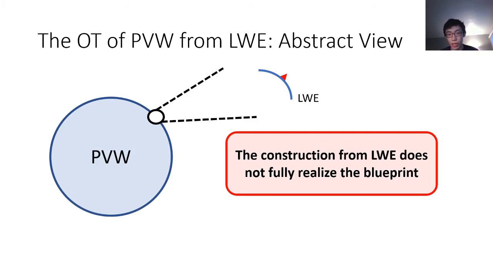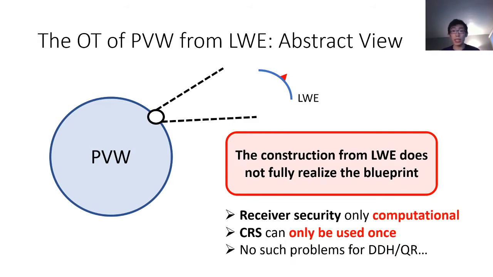So what was this thorn? Well, it turns out that PVW does not exactly show how to realize a full blueprint from LWE. In particular, it only realizes a weak version of the blueprint, and that results in some drawbacks.